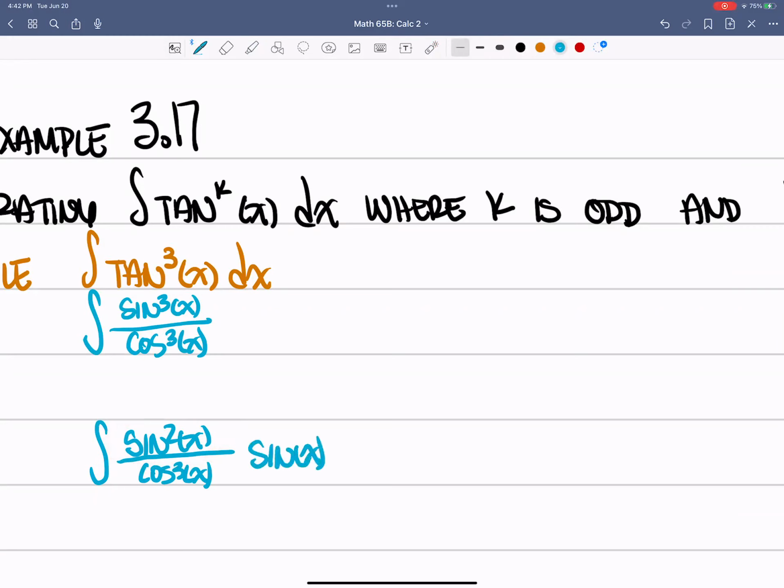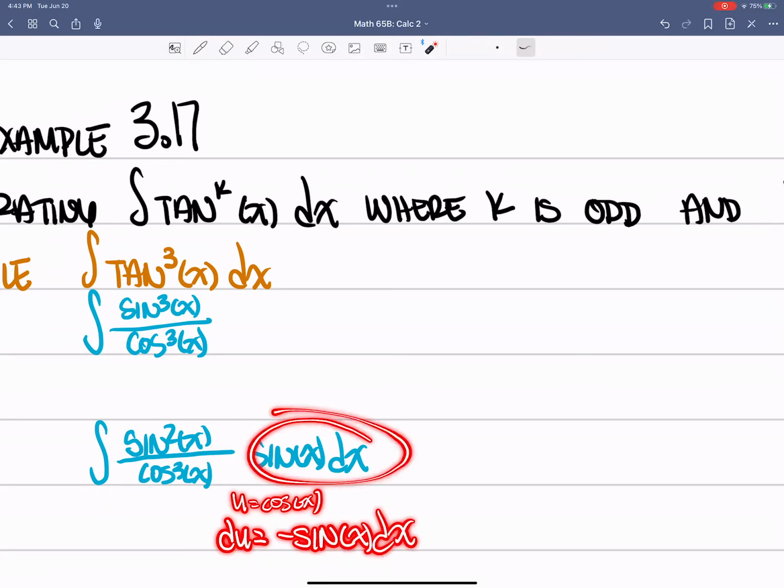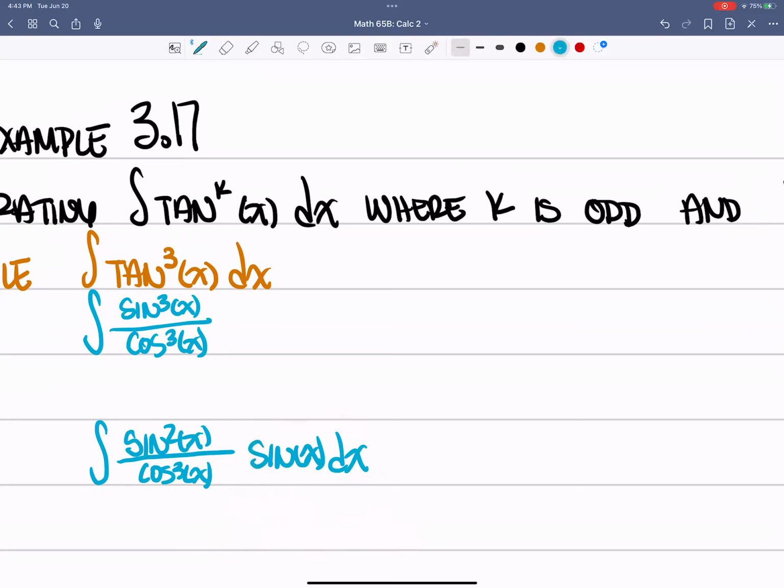Sine x dx. So we're going to let u equal cosine, so this is going to be like u to the power of -3. We're going to turn this to be in terms of cosine and let u equal cosine x, so that way du is going to be equal to negative sine x dx, which is kind of what we have right here.